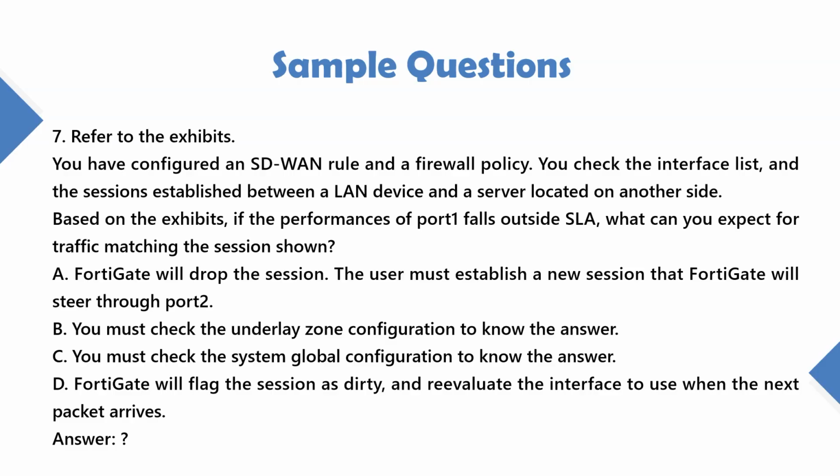A. FortiGate will drop the session. The user must establish a new session that FortiGate will steer through port 2. B. You must check the underlay zone configuration to know the answer. C. You must check the system global configuration to know the answer. D. FortiGate will flag the session as dirty, and reevaluate the interface to use when the next packet arrives.